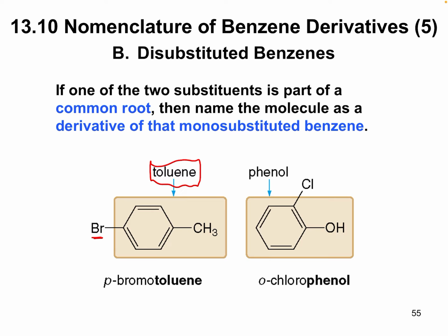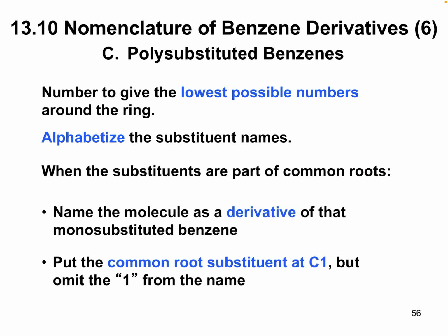Because the chlorine and the OH group of the phenol are at the 1 and 2 positions, we could refer to this as 2-chlorophenol, assuming that the 1 is where the OH group is, or we could just call it ortho-chlorophenol. Either one is perfectly fine.